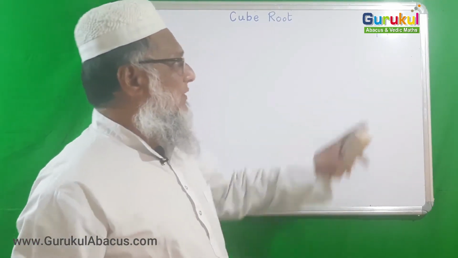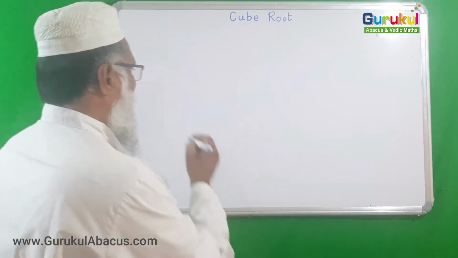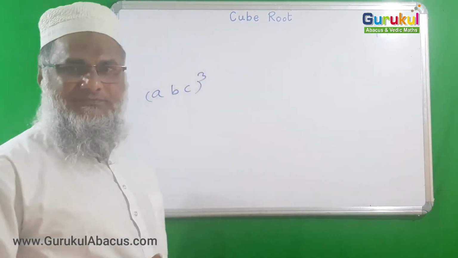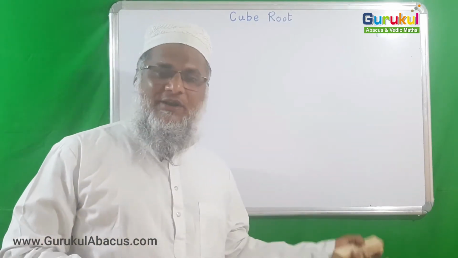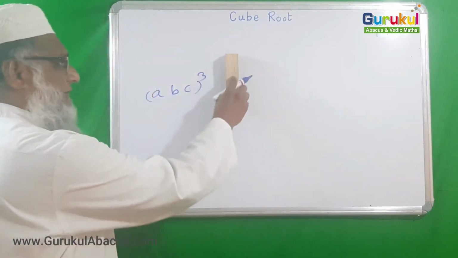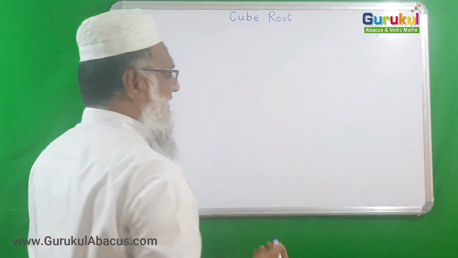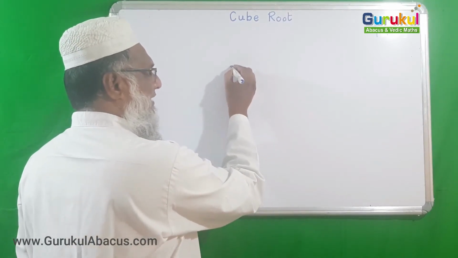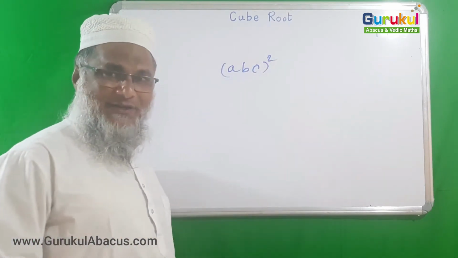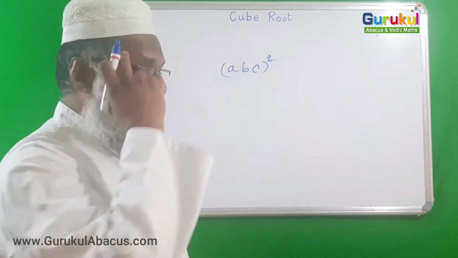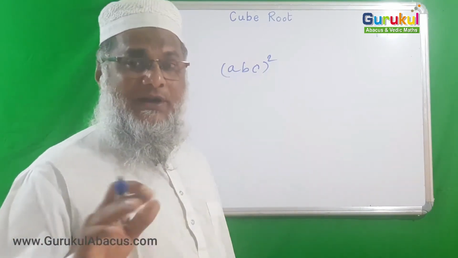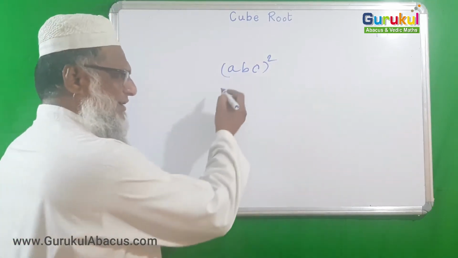Now see here, I want to find the value of ABC cube, to make a formula. So how will I find it? That's the question, and I have an idea. Firstly I am going to find the value of ABC square, and for that I am trying our crosswise method that we learned in multiplication.